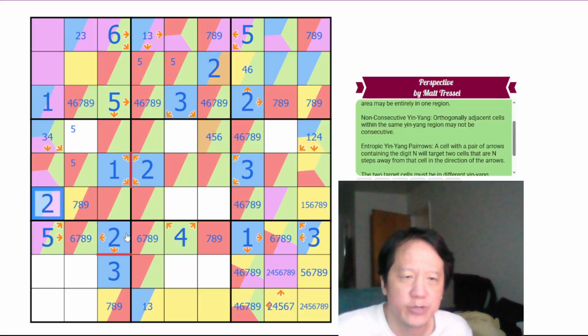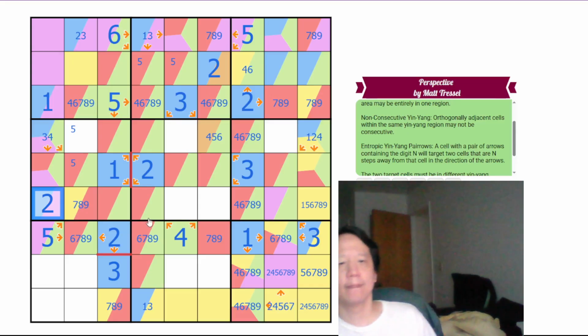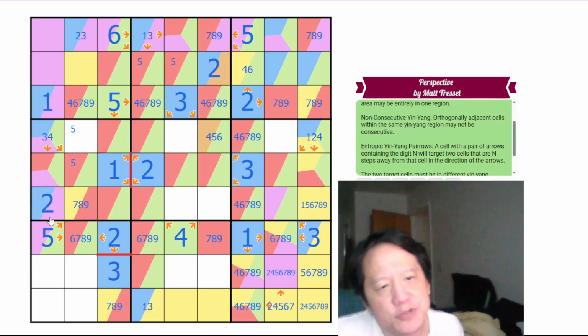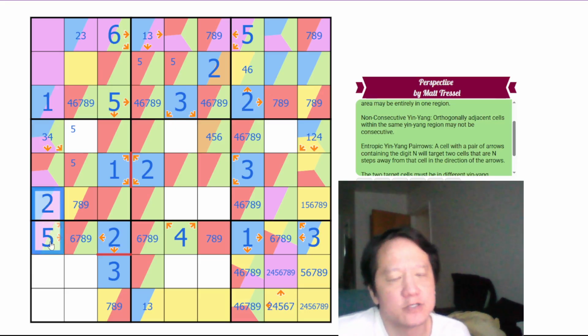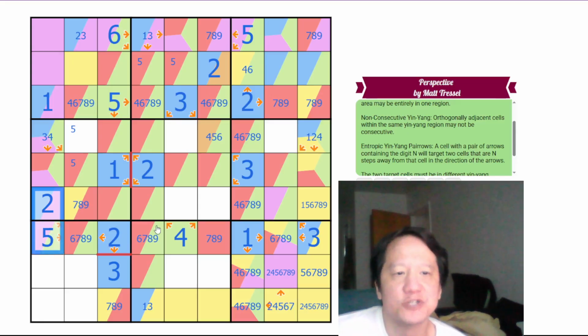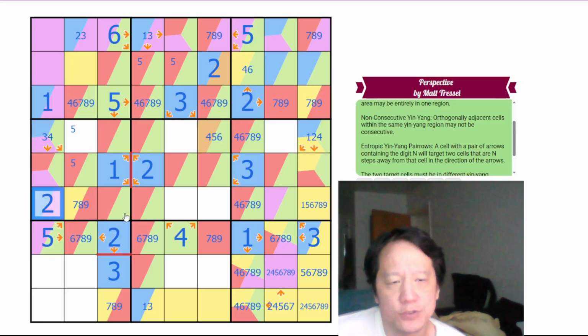Is there anything pointing to that? Because why do we know this is... Oh, because it can't be green next to the 5 because it's the same region. That's why. Okay, so this is 2.